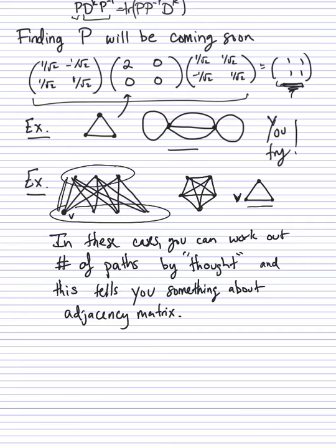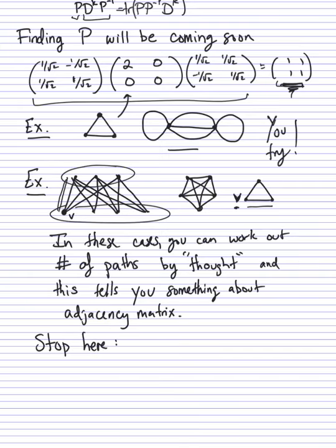You should be able to easily tell how many paths there are which start and end at V and are of a certain length. That tells you something about taking high powers of the adjacency matrix, again without having to compute. So I think I will stop here.